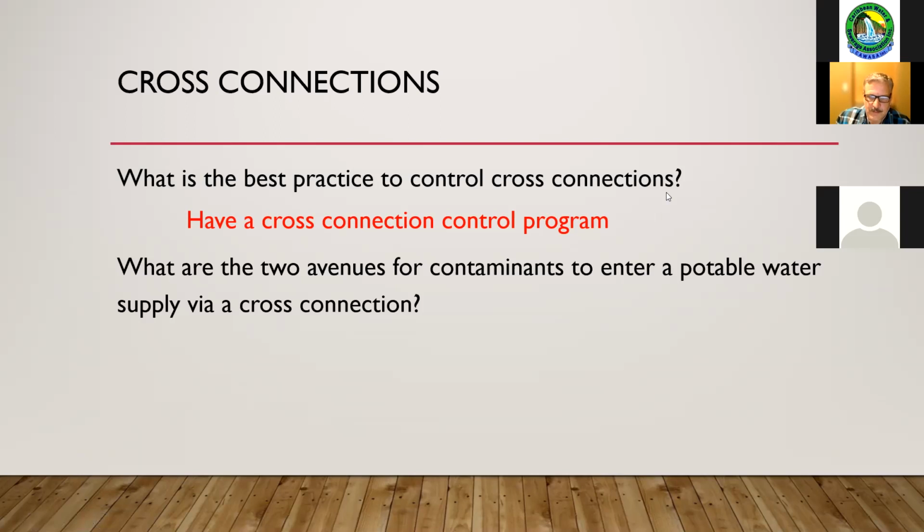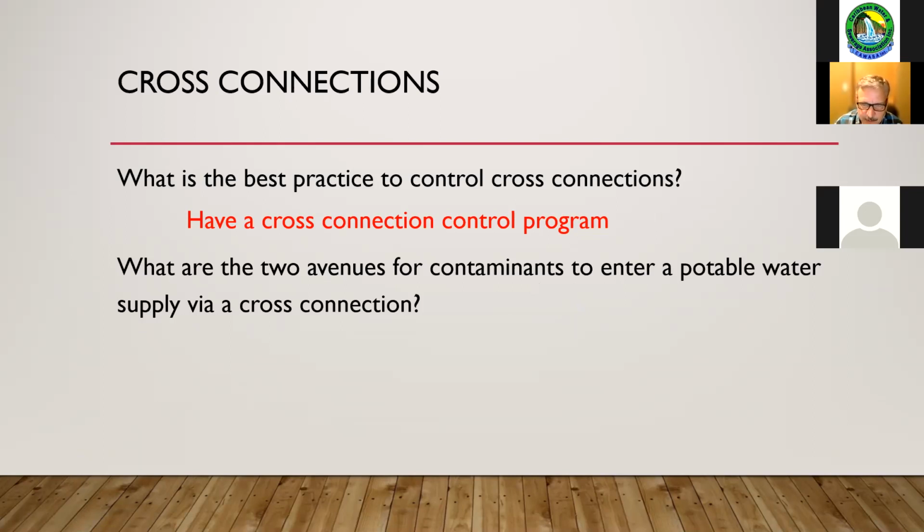What are two avenues for contaminants to enter a potable water supply via a cross-connection? So how can contaminants enter the potable water supply through a cross-connection? Leaks. Well, you could have a leak in the pipe in a potable water supply for sure.